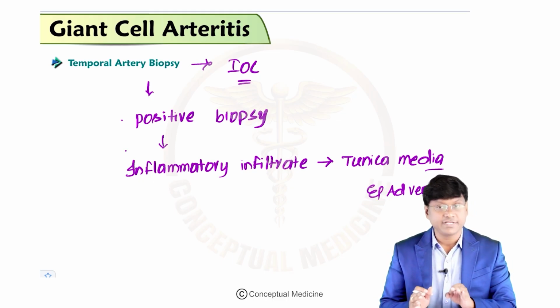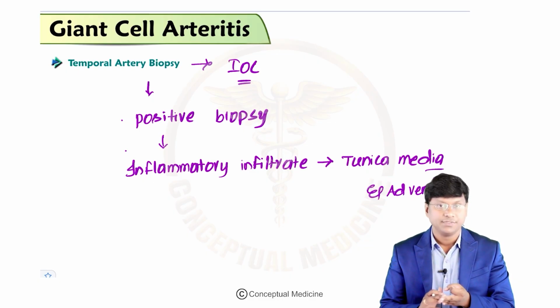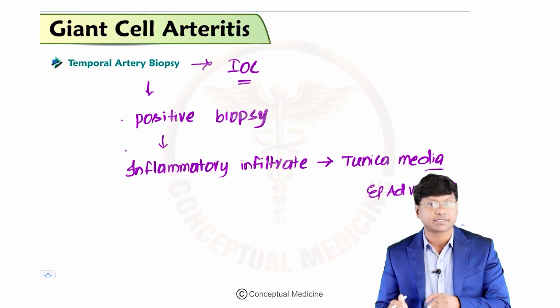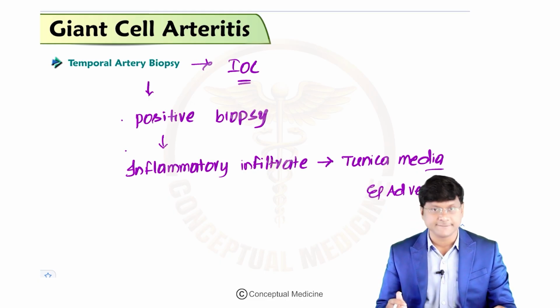We have three layers in the blood vessel, that is tunica intima, media and adventitia. So this inflammatory infiltrate is present in the tunica media and adventitia.